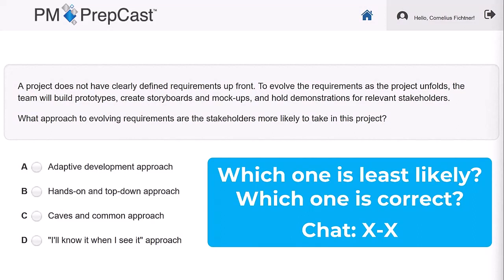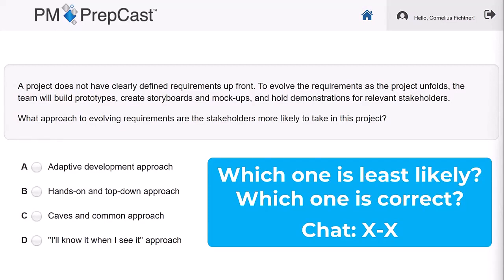I want you to tell me which is the least likely, and I want you to tell me which one is correct. So in the chat, X-X, so the first X would be, I think A is the least likely, and the second X would be, I think B is the correct one, or B and C, or D and A, or whatever it may be in your case, right? So the first letter that you give me is least likely, gut feeling, this is the least likely one of the four, and the second letter is which one is correct.